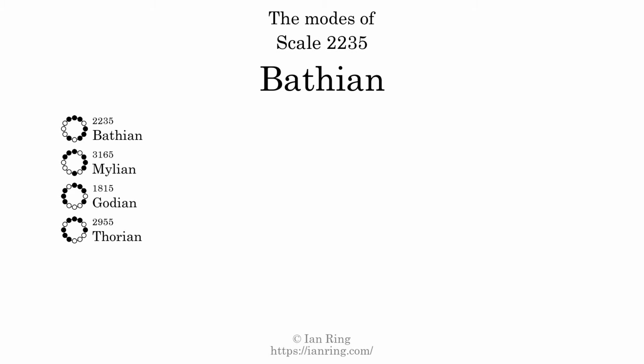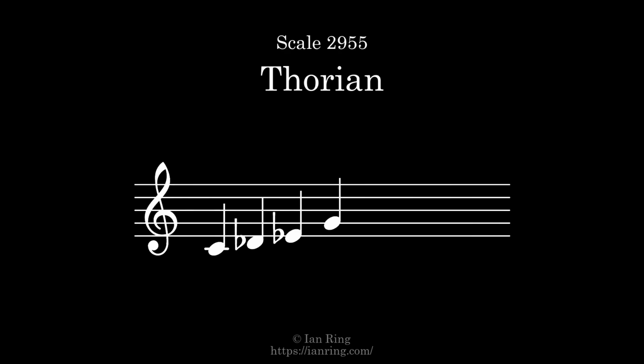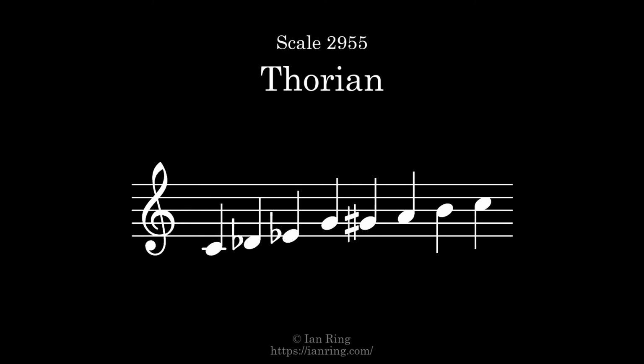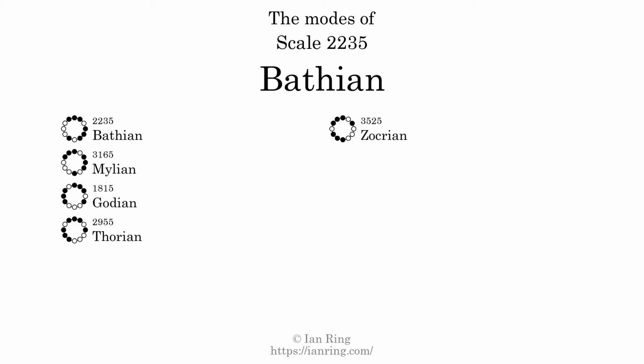The fourth mode is scale 2955, also known as Thorium. It sounds like this. The fifth mode is scale 3525, also known as Zokrion. It sounds like this.